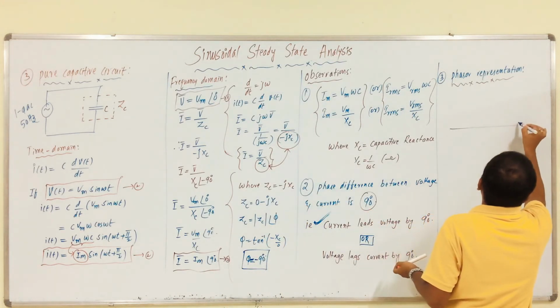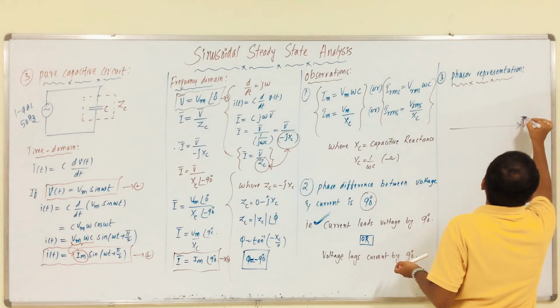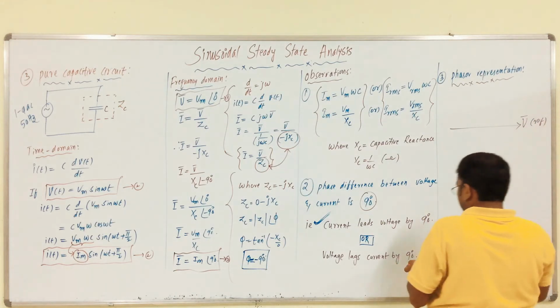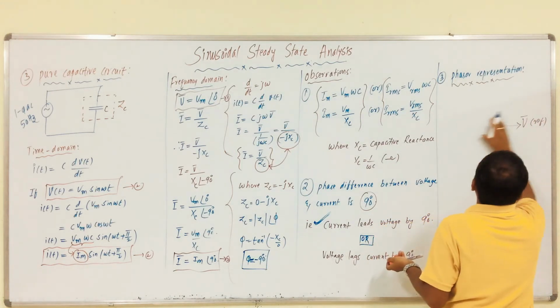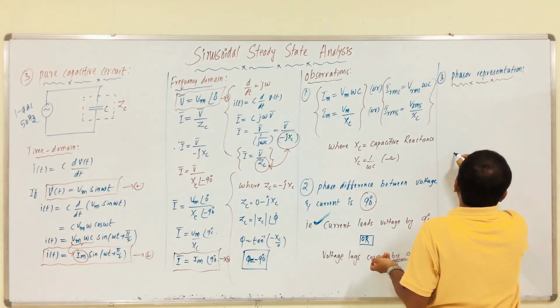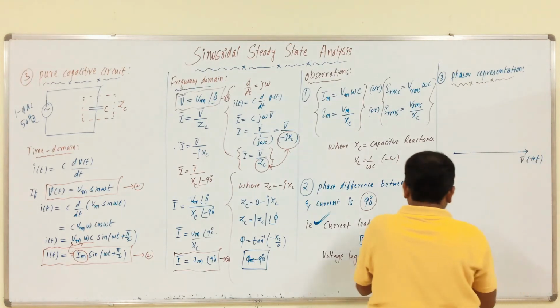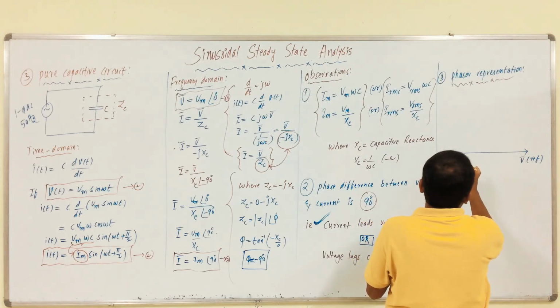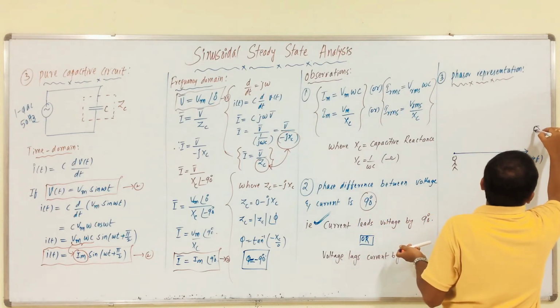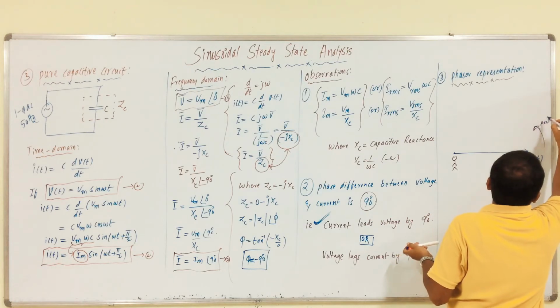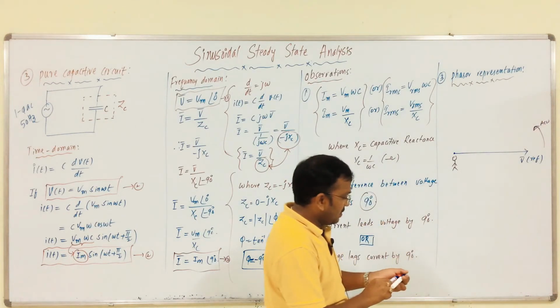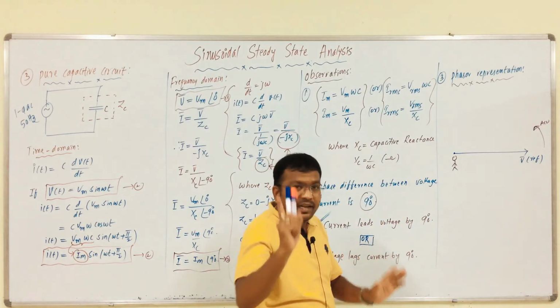So voltage is taken as reference. The observer always follows the anti-clockwise phase sequence, right? Current leads voltage by 90 degrees.